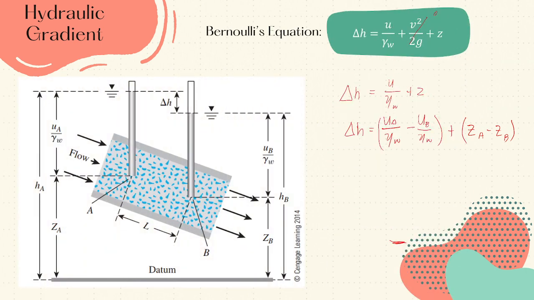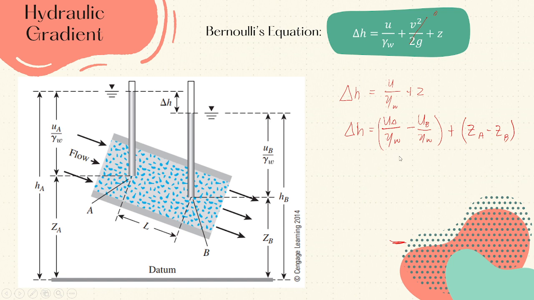You have been familiar with Bernoulli's equation since you finished your hydraulics class. In this equation, it states that the total head is equal to the sum of the pressure head, the velocity head, and the elevation head. But in this case, for soils, the velocity head can be ignored since it is very small.